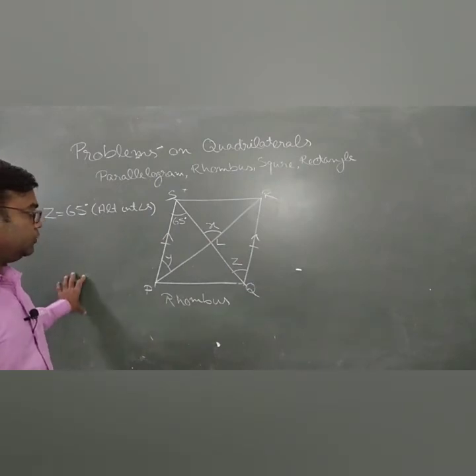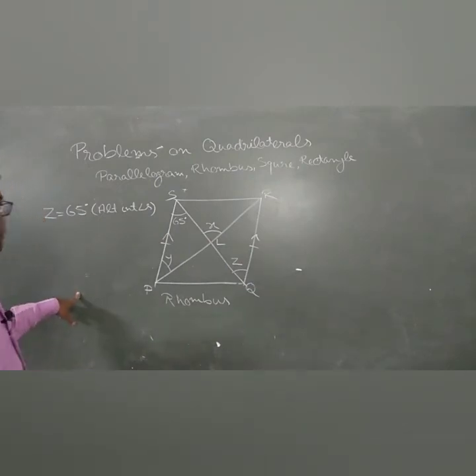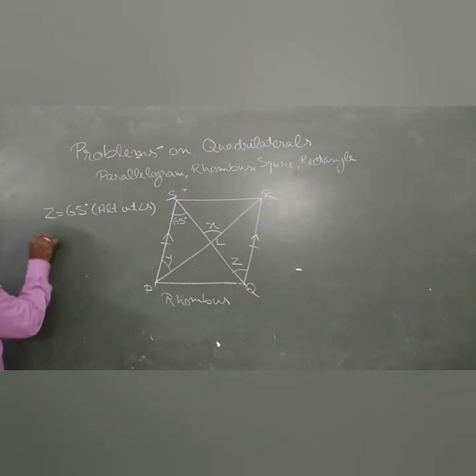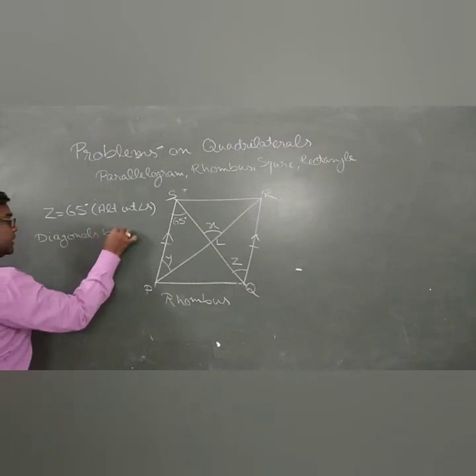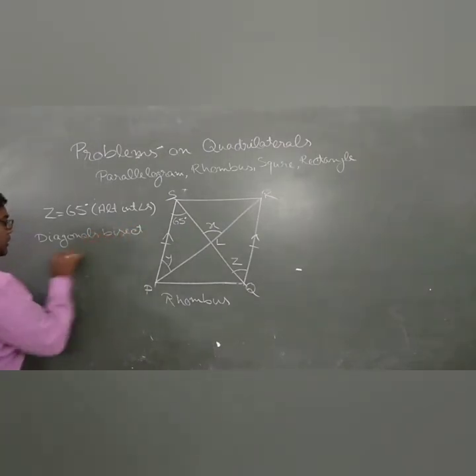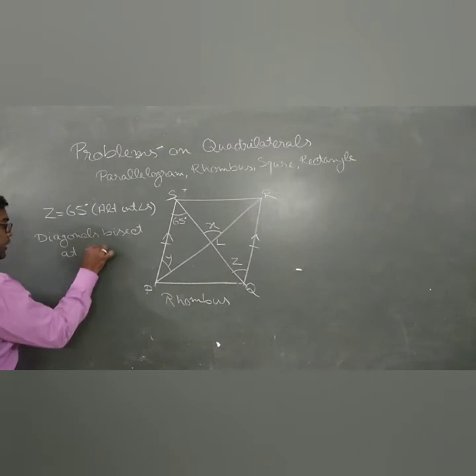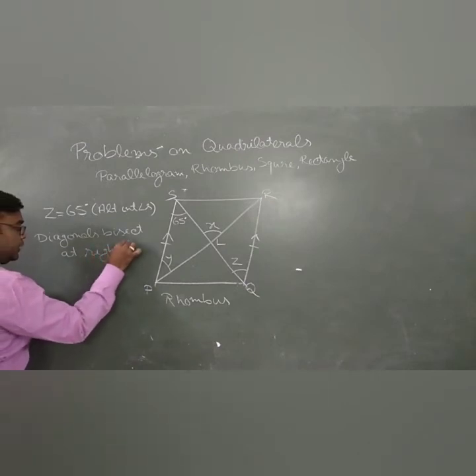Number two, since it is a rhombus, we must know the diagonals of a rhombus. Sorry, students. Diagonals of a rhombus bisect at right angles. In the case of a rhombus and a square, diagonals bisect at right angles.